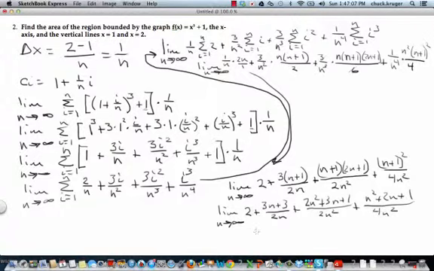So if I take the limit of each of these, I'll get 2 here plus 3 halves plus 1 plus 1/4. Alright, if I add these together, that is 2. This is 1 and 1/2, so that gives me 3 and 1/2. 4 and 1/2 plus 1/4 is 4 and 3/4, or 4.75. Alright, that's our second problem.